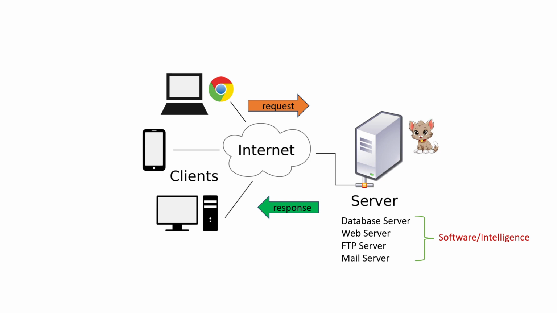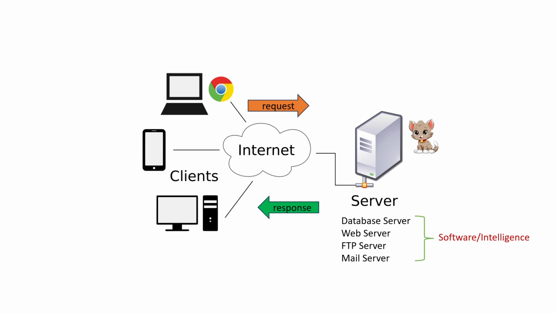And what this means is that we can make database requests and obtain information or resources from the database. This could be just raw data, as in text-based, or it could also be images that we want to send over or to share. We also have web servers, FTP servers, and mail servers.